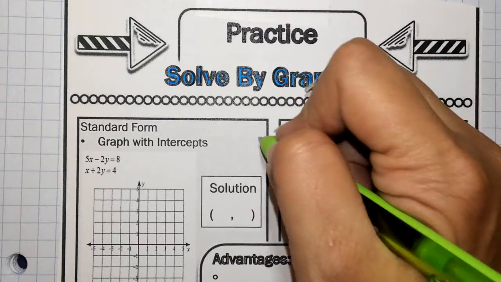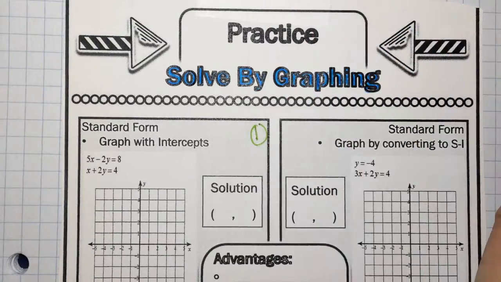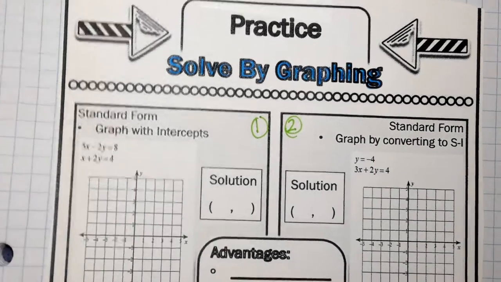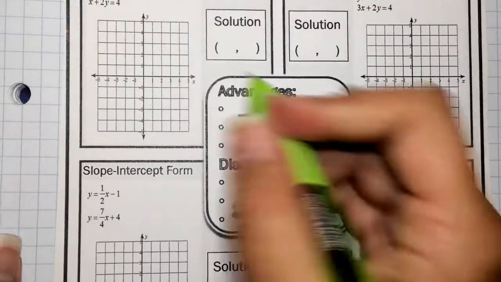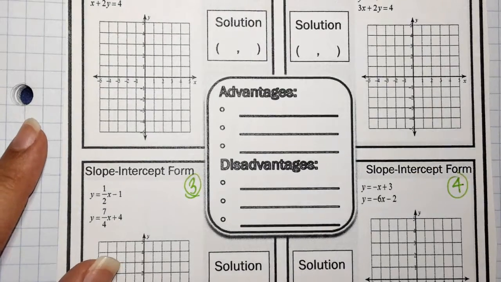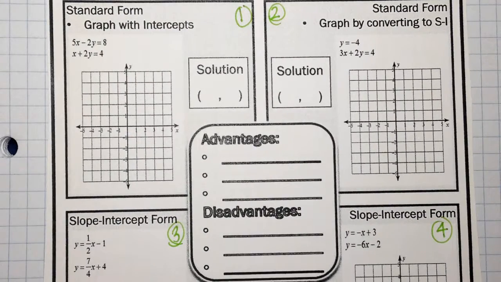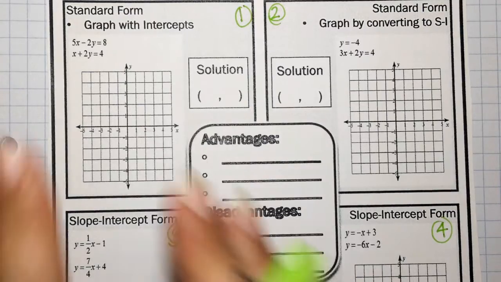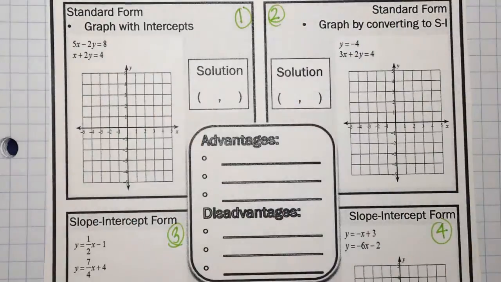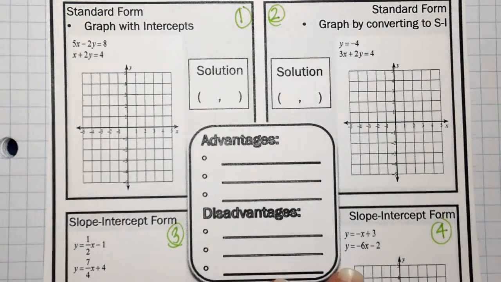So what I want you to do is write a 1 right here, a 2 right here, a 3 right here, and a 4 down here. Now, because we don't have a lot of room in our little square to do it in standard form, we're going to do it on the back of our paper.